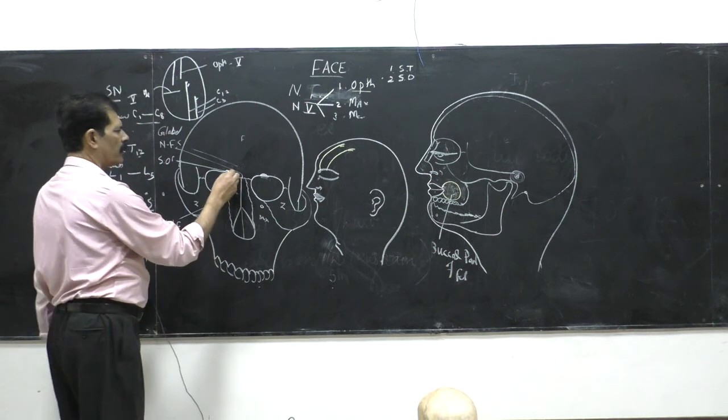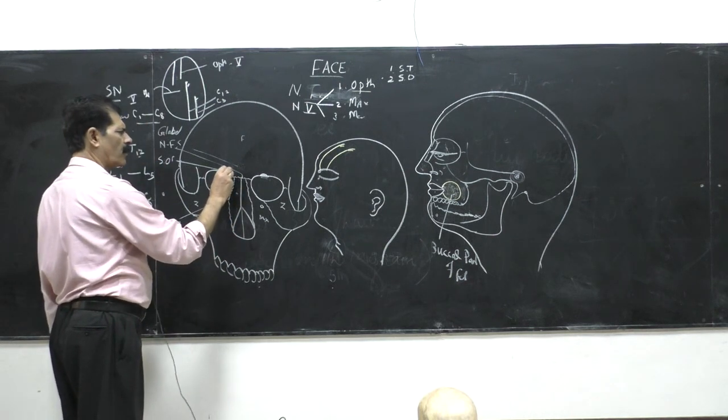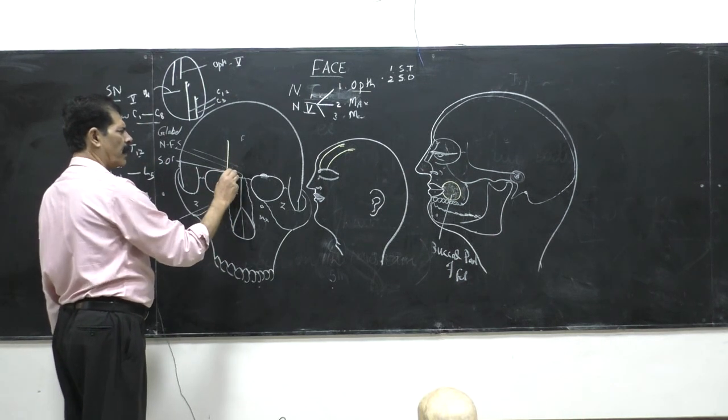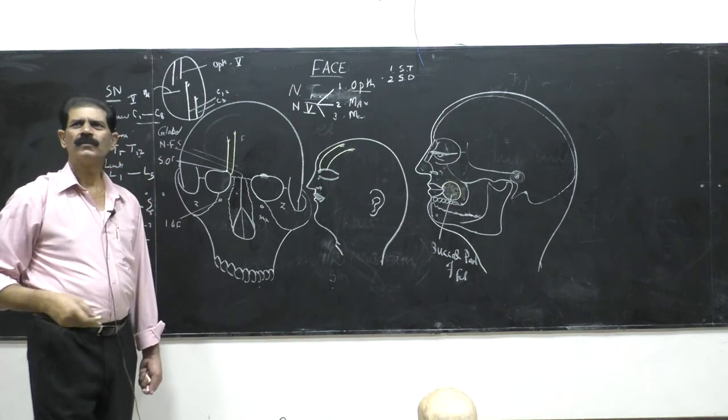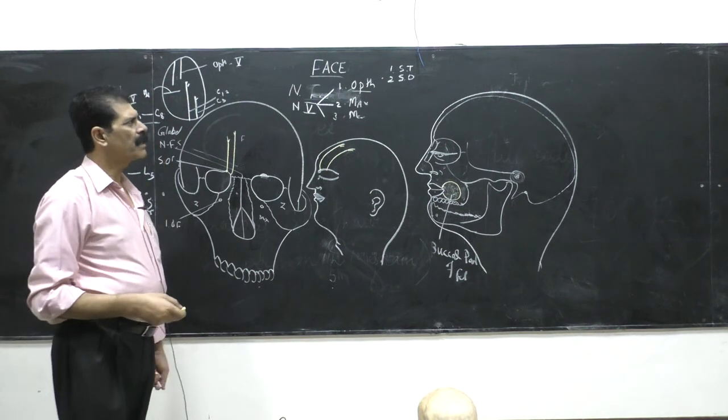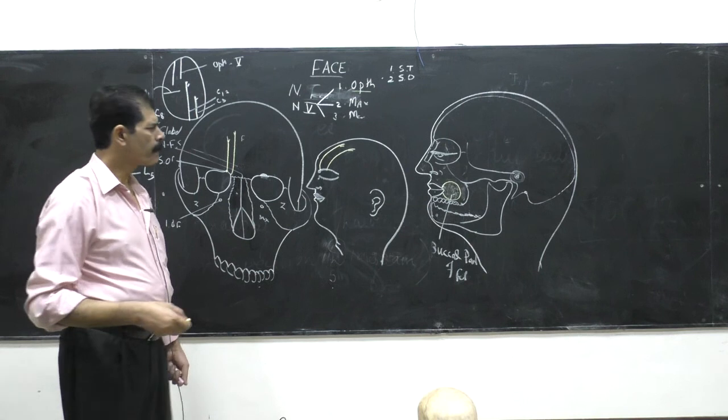Supraorbital arises from the supraorbital notch, and medial to this is the supratrochlear. So it supplies the scalp plus the face. Both are the branches of the ophthalmic division.